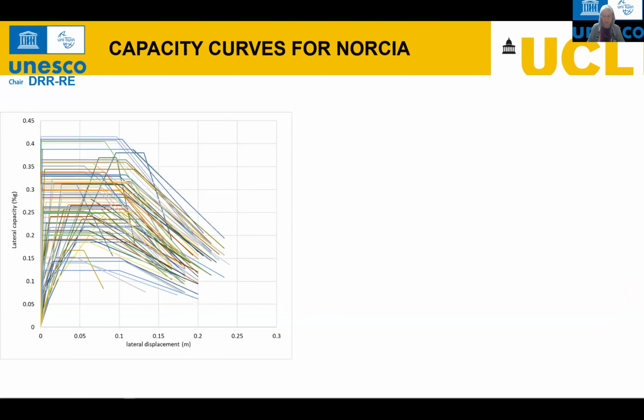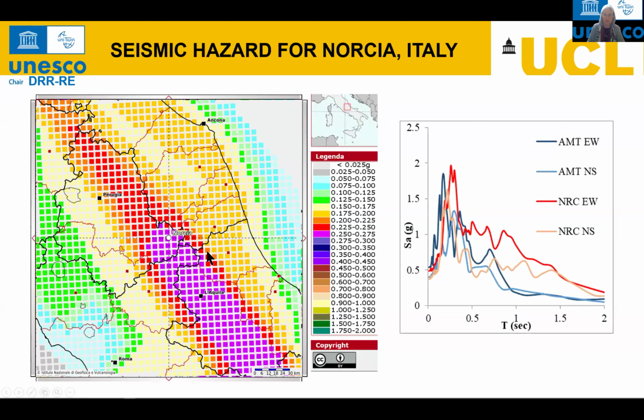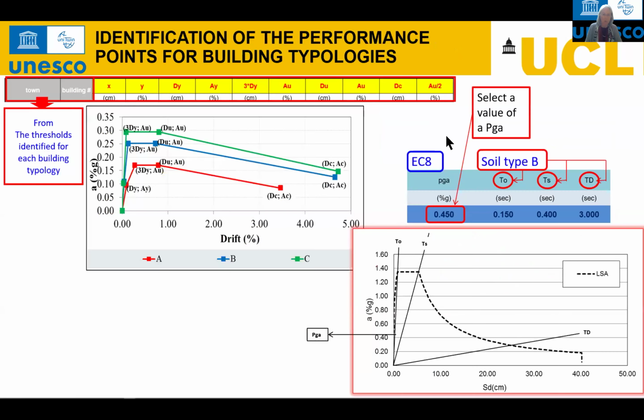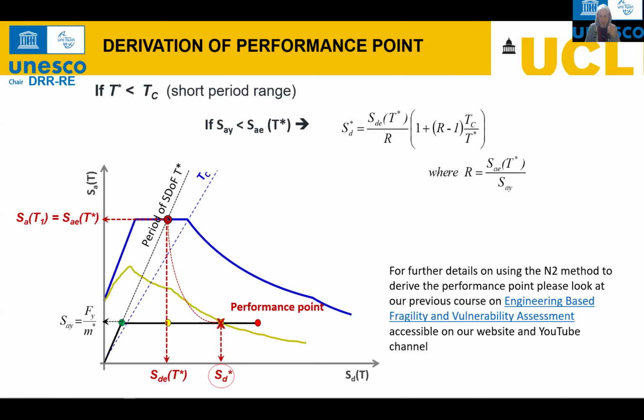And then from this, by considering the seismic hazard, whether in terms of distributed expected PGA for a given return period, or using natural recorded spectra such as the one obtained from the 2016 earthquake, we can apply the N2 method, choosing the type of soil, for instance, and choosing the correct PGA with an elastic response spectrum, in this case from the code, in order to determine the performance point by using the N2 method.